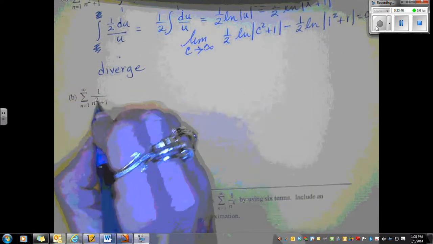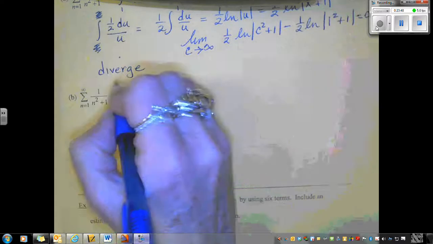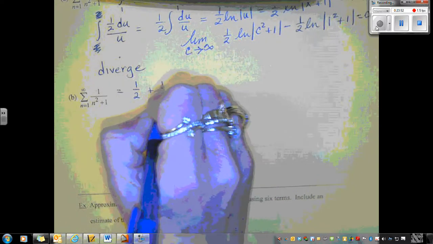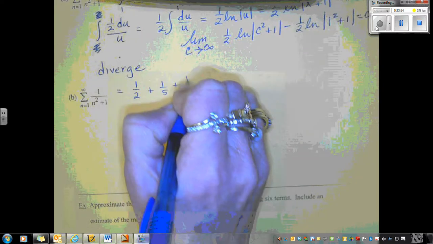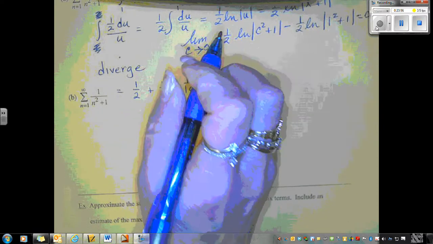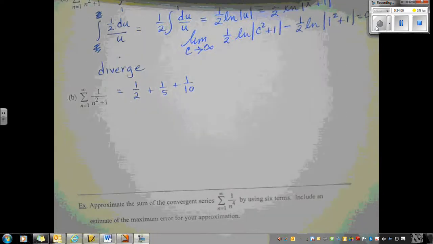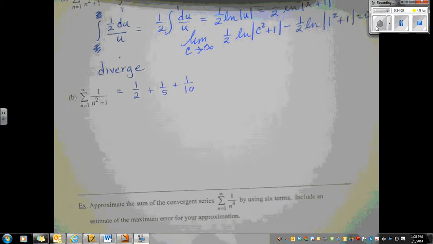Now, let's try this one. This is 1/2 plus 1/5 plus 1/10. Does everybody see that that's going down? Yeah. Okay, it is positive. It is like on that last page we just had. We could try to see if it's geometric. It's not.